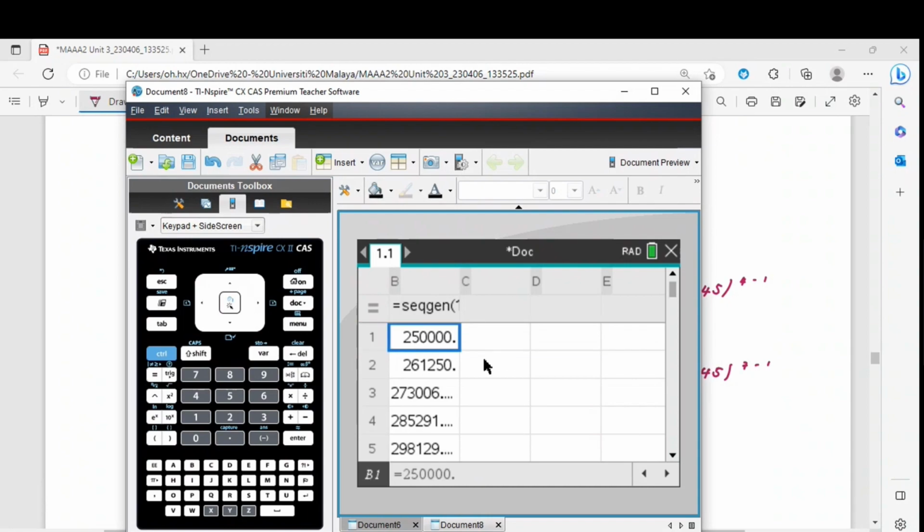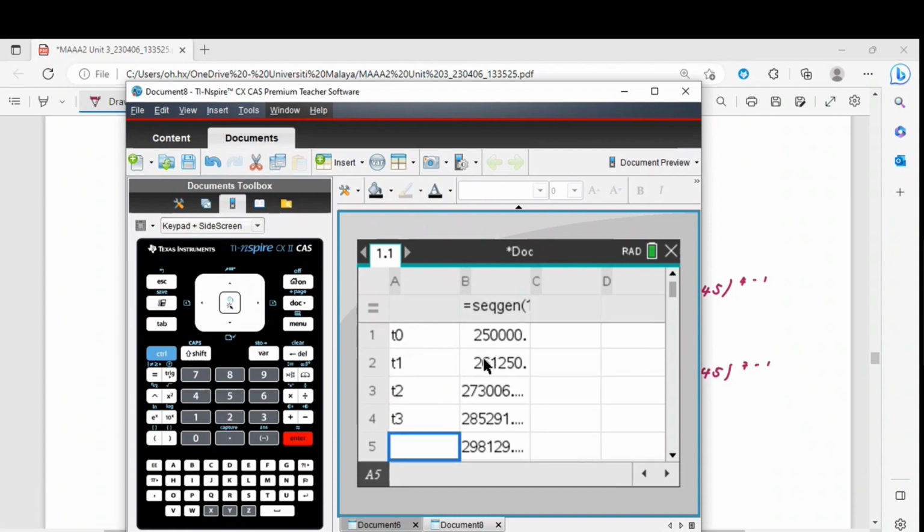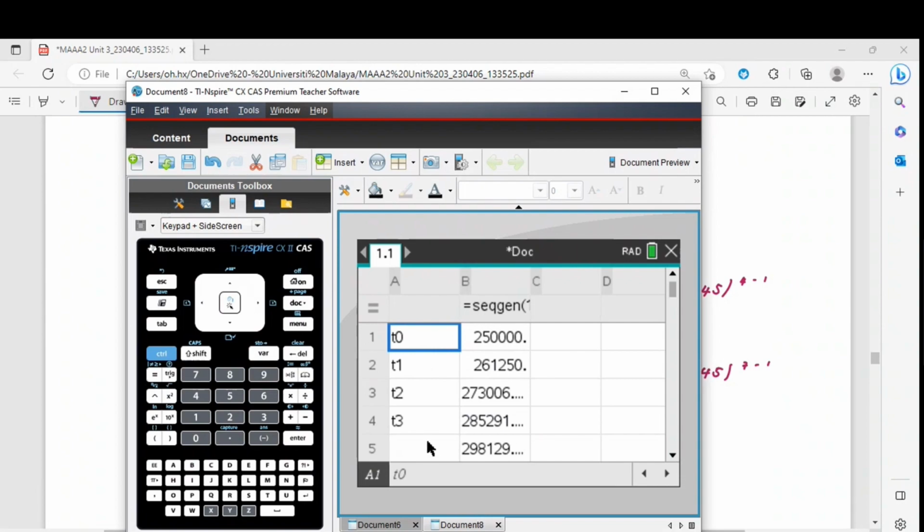So you need to automatically keep in mind that if this is your T0, then this is going to be your T1, T2, T3, and so on. So when you are reading, you take the row and minus 1. Your first row is actually your T0. For example, if it's T13, this is actually your T12 if you follow this sequence. I hope that explains how we do that in the calculator.